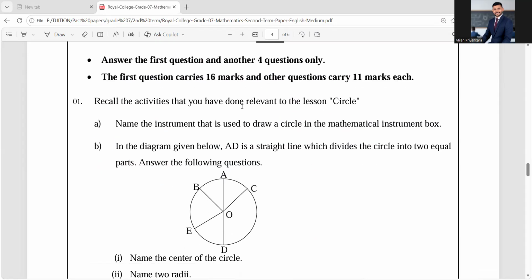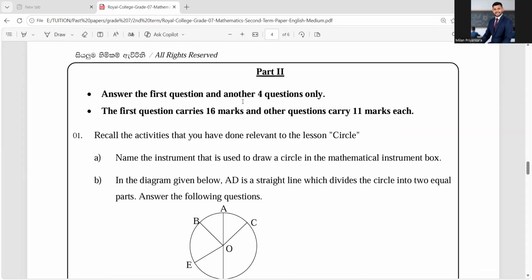So let's start. As I always tell you, pay attention to the instructions. You need to answer accordingly. Here it says answer the first question and another 4 questions only.